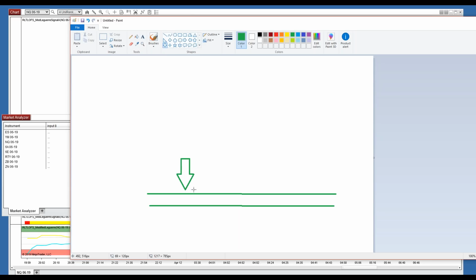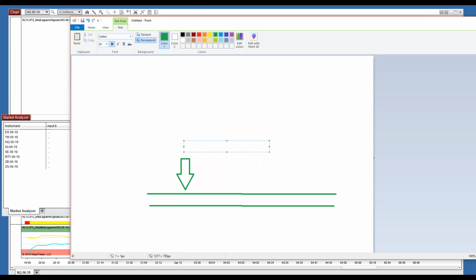They're looking at the multi-time frame trend of the Dow, the E-mini, and really, and importantly, the Russell.